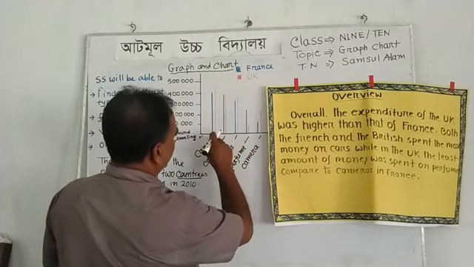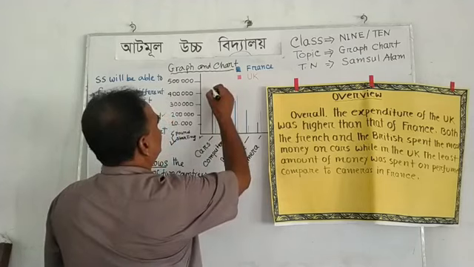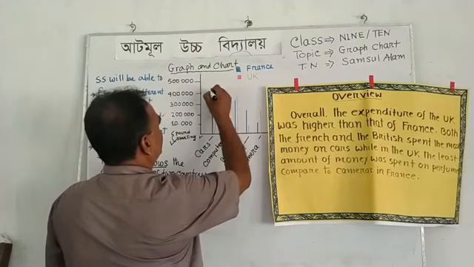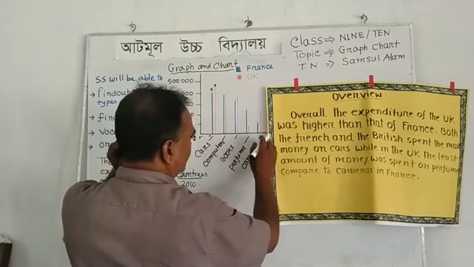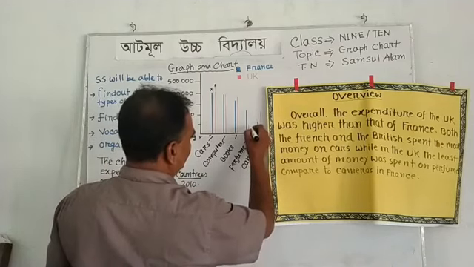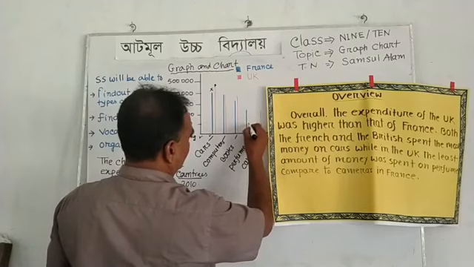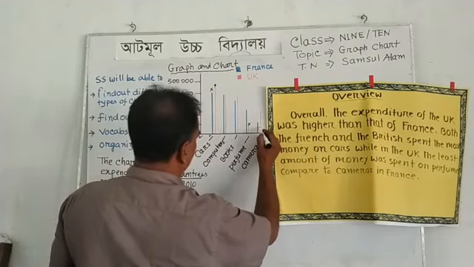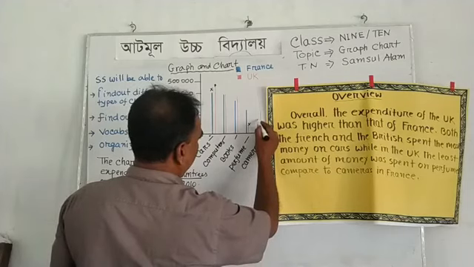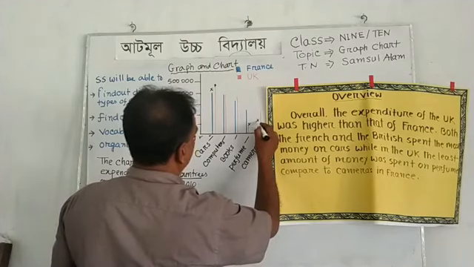In both countries, most of the money is spent on cars, and the least amount of money was spent by the UK on perfume, and the least amount of money was spent by France on cameras.